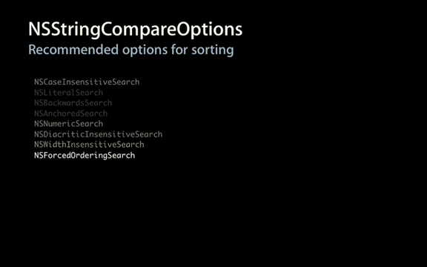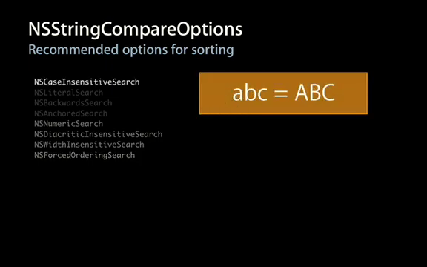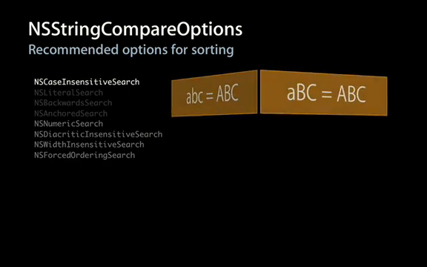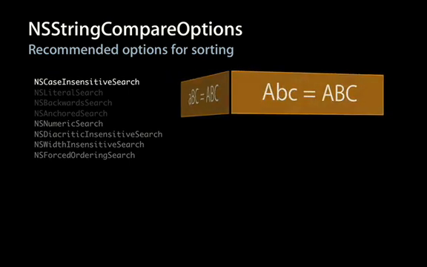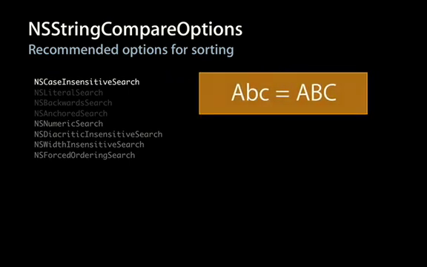Finally, forced ordering. This option could be pretty important if you could have multiple instances of the same word. For example, with options like case insensitivity, those visually different characters are considered the same. Very useful. But the comparison results for those strings are always the same.